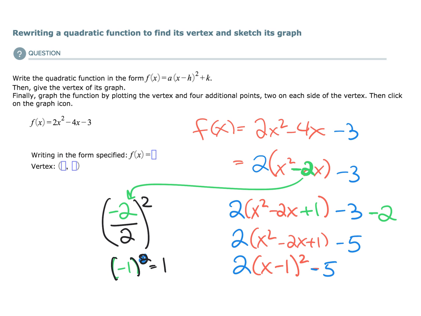So the vertex is always (h, k). So I'll say (h, k) is the vertex. So it's x minus h. So this is x minus 1. So the vertex is positive 1, but then it's plus k, so whatever is being added.